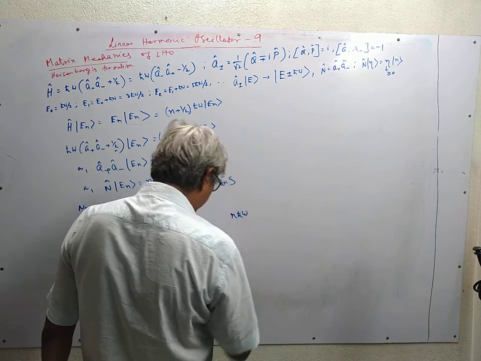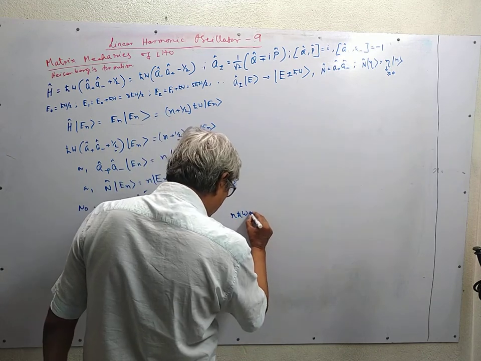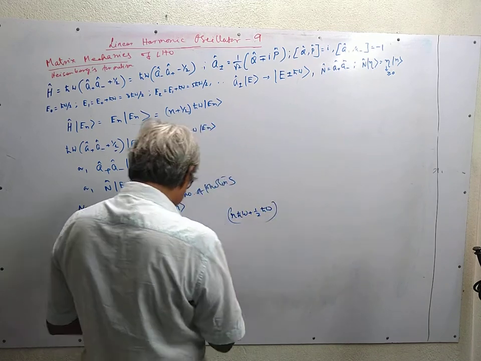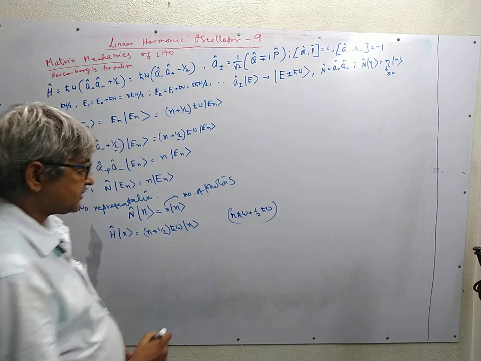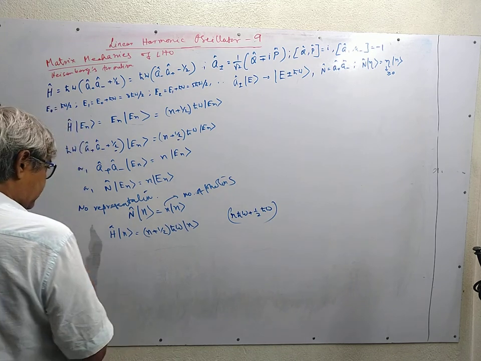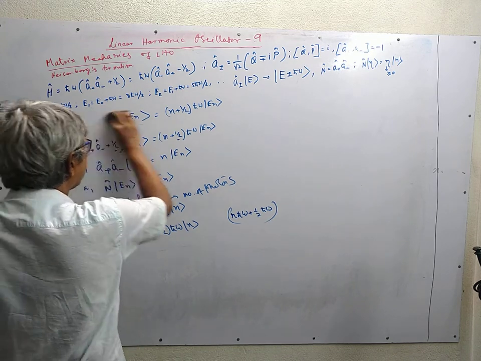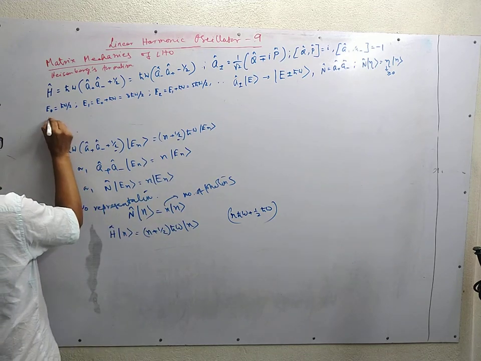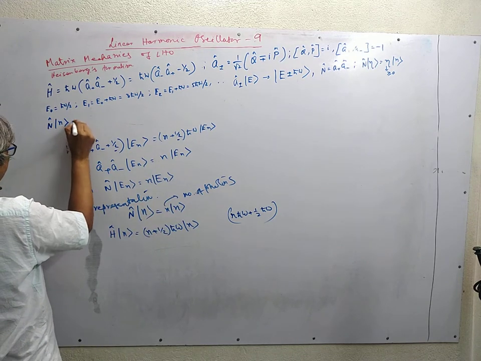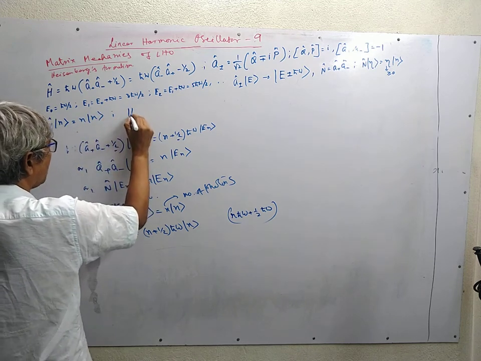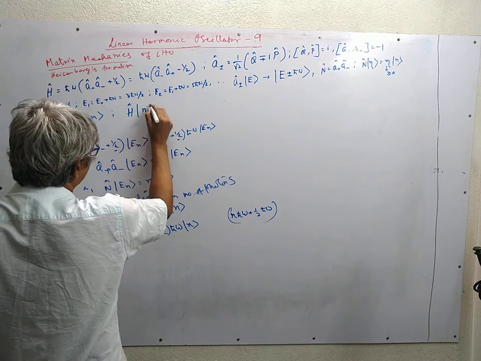So the total photon energy is this, which when added to the zero point energy gives the total energy of the system. So the very handy notation for these two operators comes out to be this: N operator operating on n is equal to n times n, and the Hamiltonian operating on n.